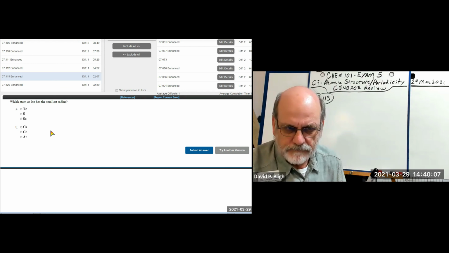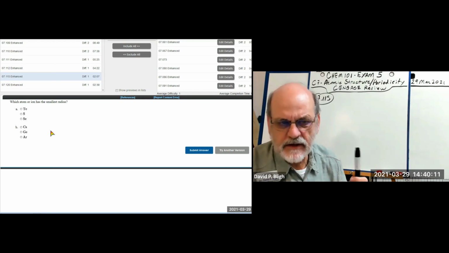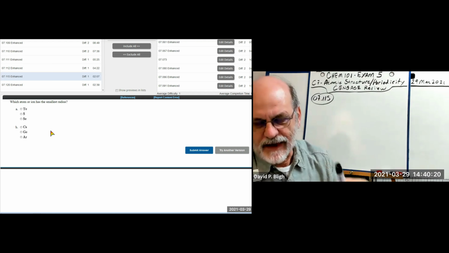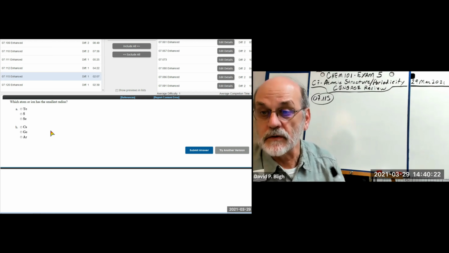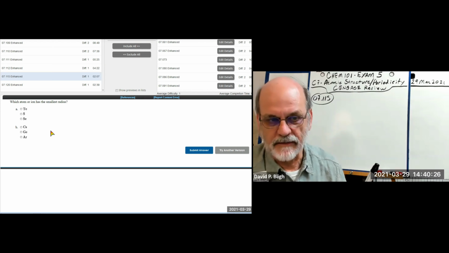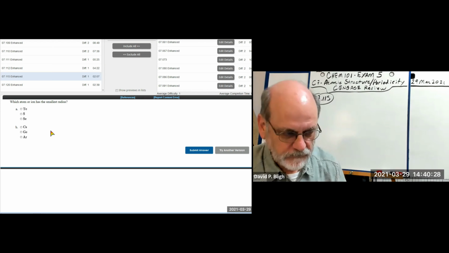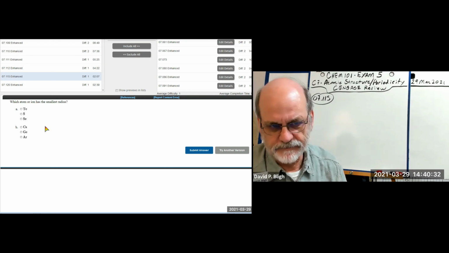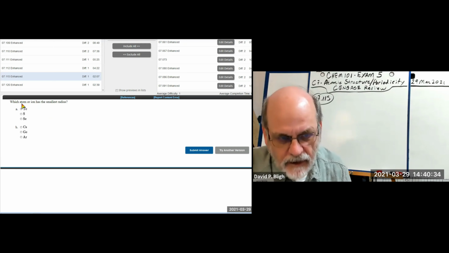In general, we only discussed ions in terms of, well, the ion size related to the atomic size. So let's see if we can make sense of this. Maybe I can, maybe I can't.